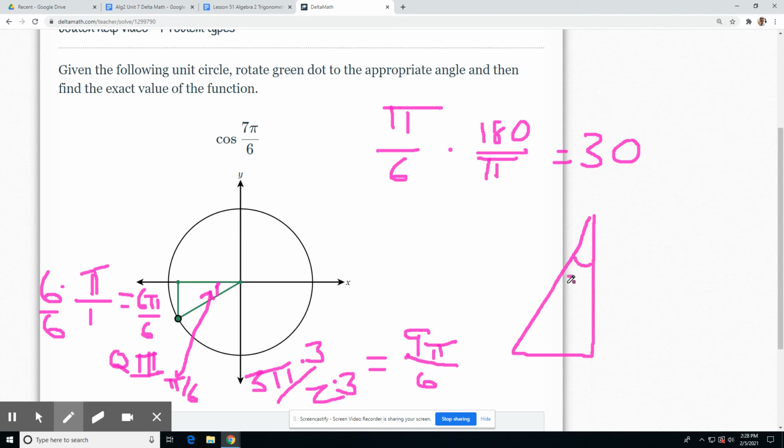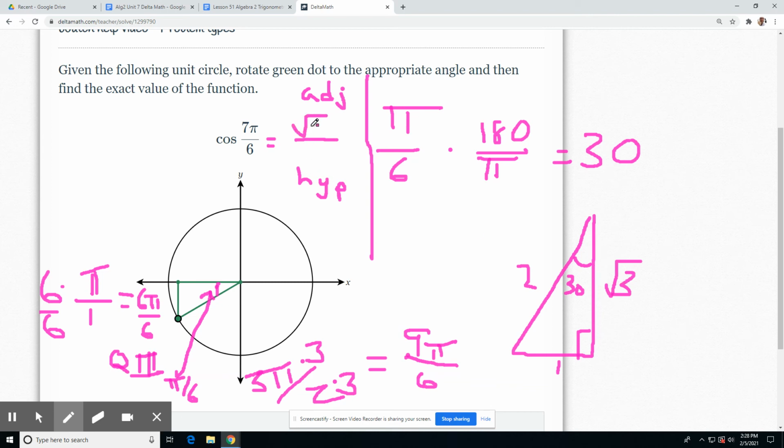So now we're looking at the 30. And this is 1, 2, radical 3. And so adjacent over hypotenuse. Our adjacent side is radical 3 to our angle. Our hypotenuse is 2. So I got radical 3 over 2.